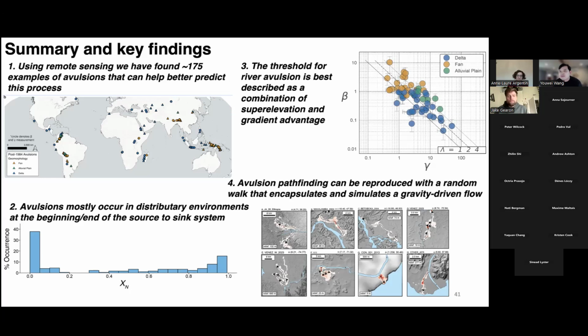So we are limited by the topographic data that we have. But the gradient advantage versus super elevation model is simple enough that it can work agnostically to the amount of channels, and that's a hindrance and a benefit in some ways, depending on the scale of analysis.